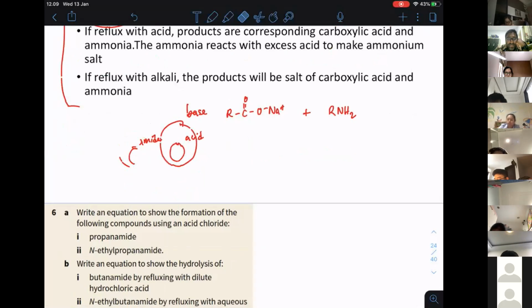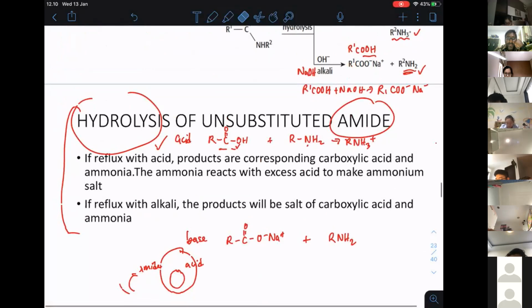It is impossible to measure exactly this amount of acid reacting with this amount, so we don't do that. Normally it's always in excess. So when you use excess, you will get it in this manner. Does it answer your question, Gabriela Nicole?